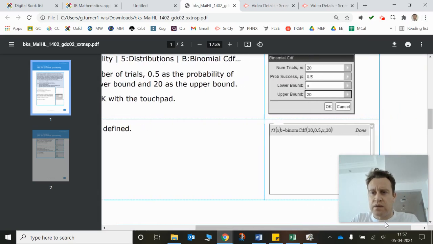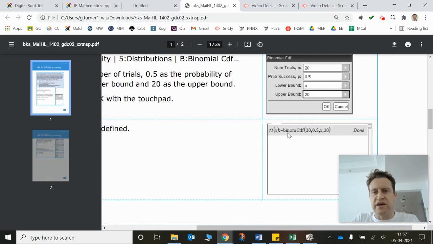Okay. So they've come up with a function on a table, and they've created the binomial CDF with 20, 0.5 as the probability, and then a CDF from x up to 20. And what they're trying to do is find the lowest value of x for which the probability goes underneath 5% for the critical value.